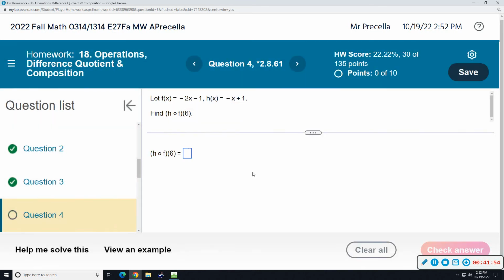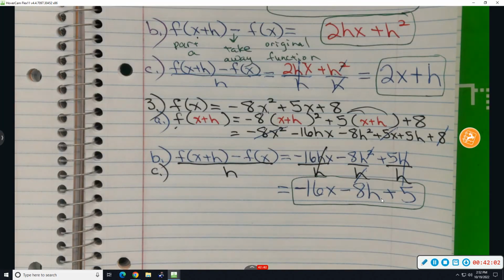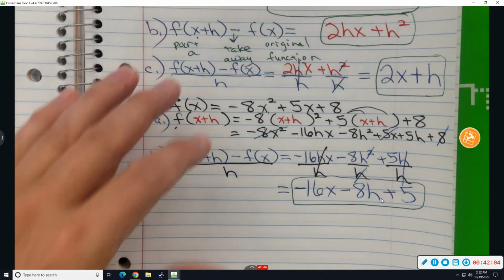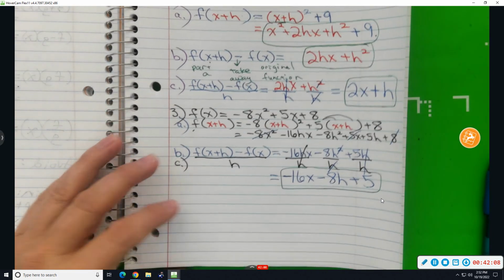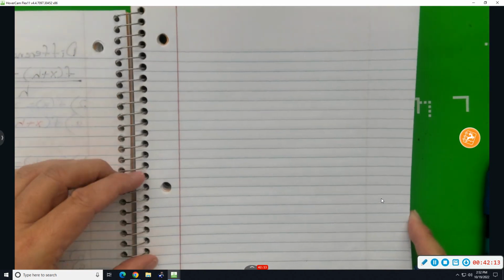We're looking at operations. We're looking at difference quotients. The next thing we're looking at is a new operation on functions called composition of functions. Okay, here goes composition. And these problems are going to get shorter.